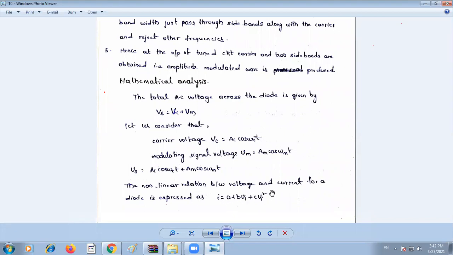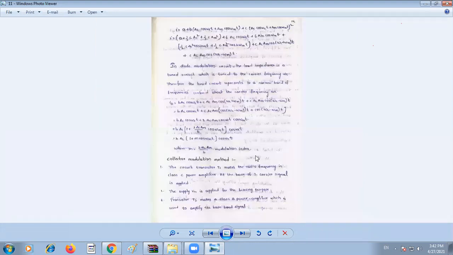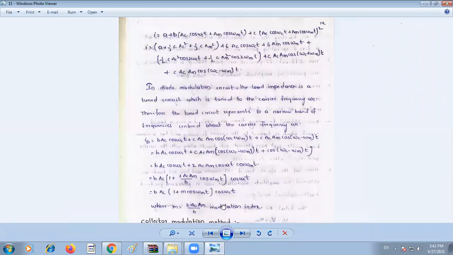Likewise, this is the nonlinear relation of the diode. So diode current I is equal to A plus B Vi plus C Vi square, where A, B and C are constants, and Vi is the voltage across the diode. That is the nonlinear relation of the current and voltage of the diode. So we can apply this equation simply.